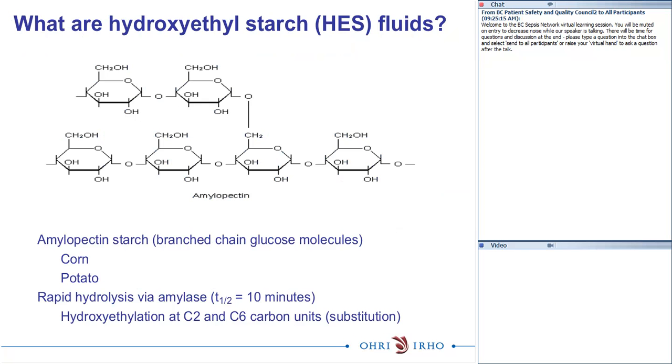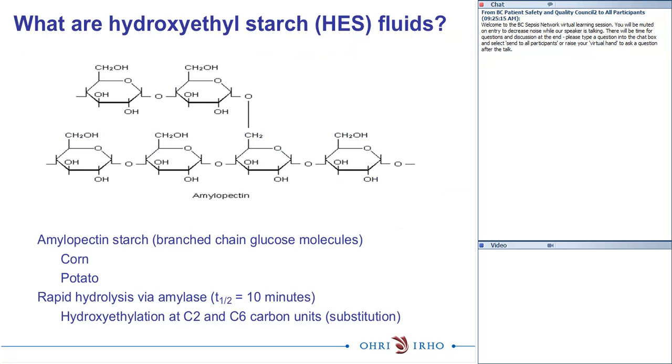So let's talk a little bit about what those hydroxyethyl starch fluids are, since they are used so much to resuscitate our patients. Well, these starches are really just amylopectin starch, and they're branched-chain glucose molecules that are synthesized from corn or potato. But if we didn't hydrolyze them, they'd be rapidly mopped up by amylase, so their half-life is very, very short.